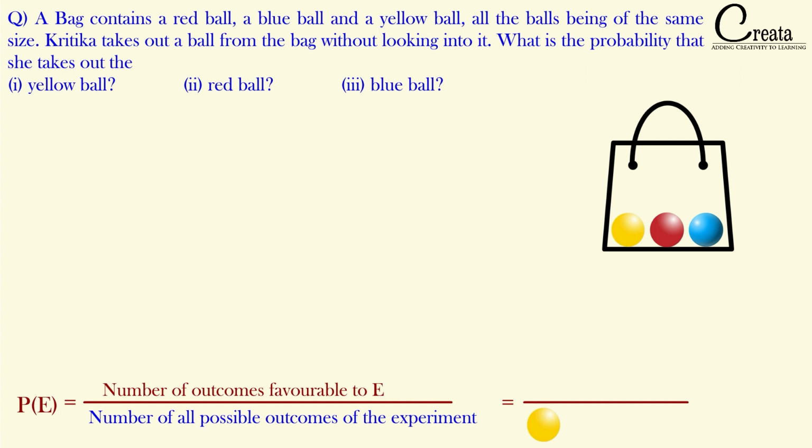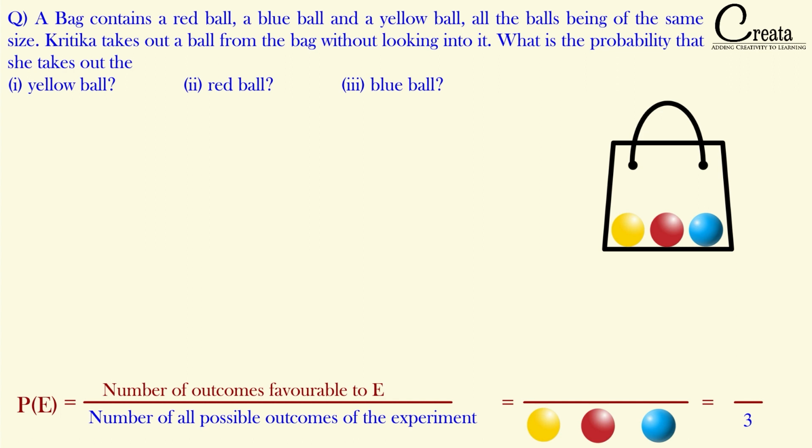Or the other possibility is that the ball can be of red color, that is a red ball. Or the third possibility is that the ball can be of blue color, that is a blue ball. So we have a total of three possibilities. So in the denominator it will be 3. That is, the number of all possible outcomes in this experiment is 3. Either yellow ball or red ball or blue ball. So in the denominator we got 3.